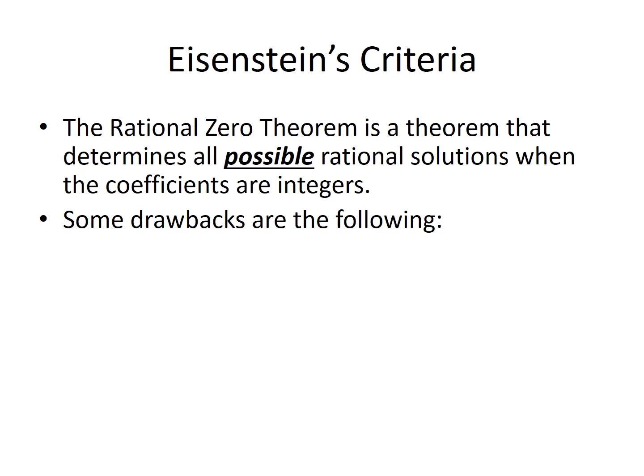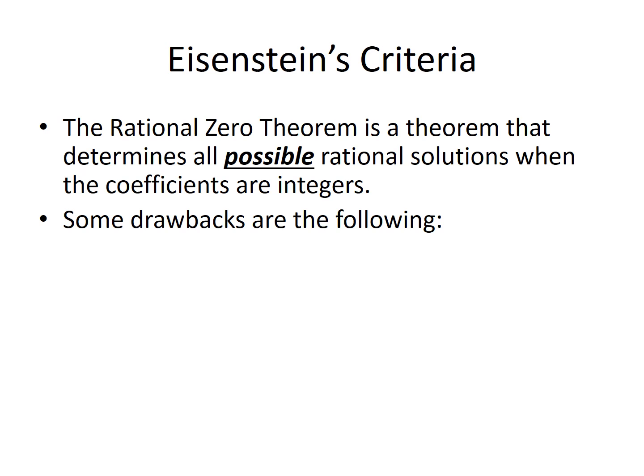Eisenstein's criteria is used to determine if there are rational solutions. Now, this is usually not discussed in a college algebra class, but I discuss it here because it is a theorem that helps us out with the rational zero theorem, and it's also not very difficult to apply or understand.